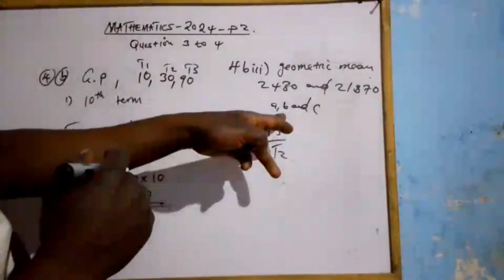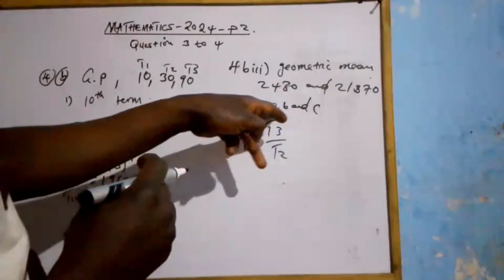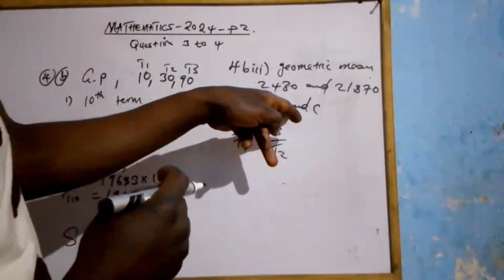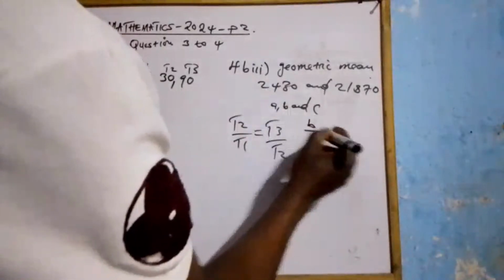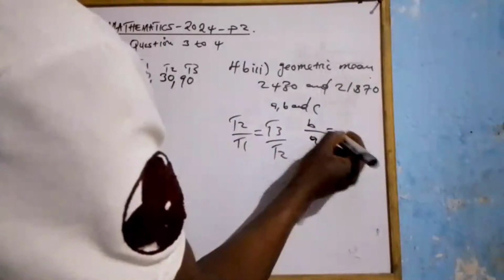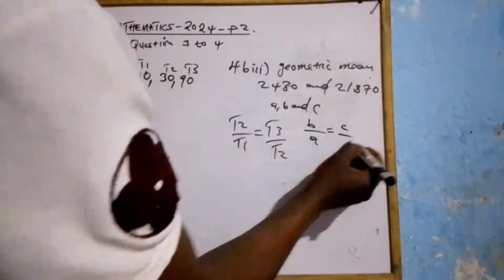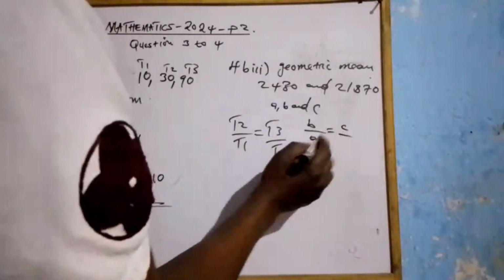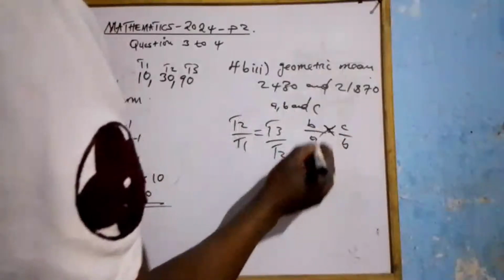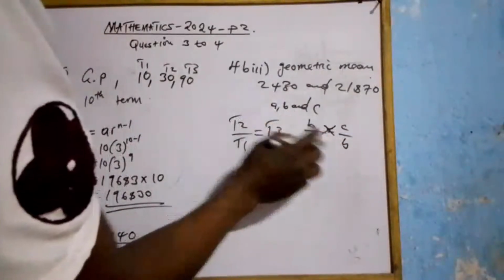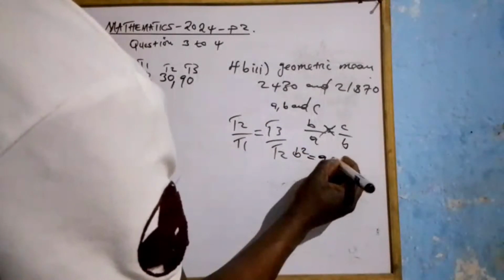So our T2 is B, so T2 over T1, which is B over A, equals T3, which is C, over T2, which is B. Then cross multiply, which gives B times B, which is B squared, which should be equal to AC.